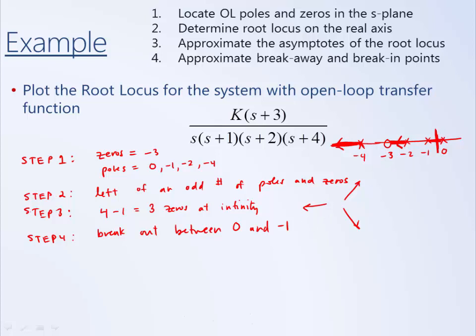The branch going up is going to approach the asymptote at 60 degrees. The branch going down will approach the asymptote at 300 degrees. And you'll get something that looks like that. I'll go ahead and redraw that a little bit better on the next slide.